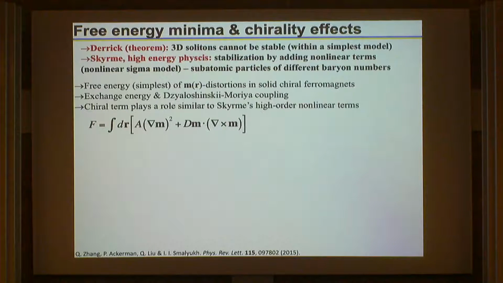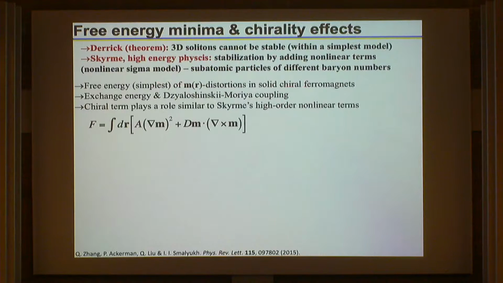And so in high energy physics, Skyrme was the one who proposed to overcome these constraints of Derrick theorem by simply adding high order nonlinear terms, and then these solitonic structures, topologically non-trivial structures, would emerge as solutions of differential equations that minimize some form of energy potential.